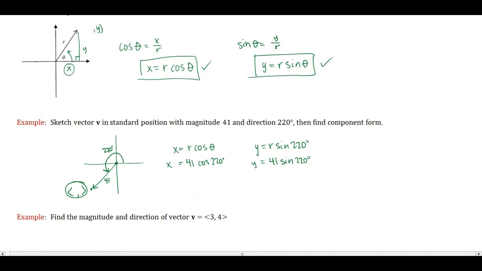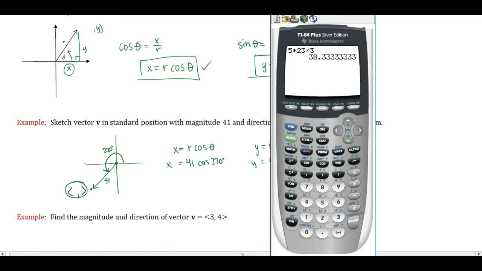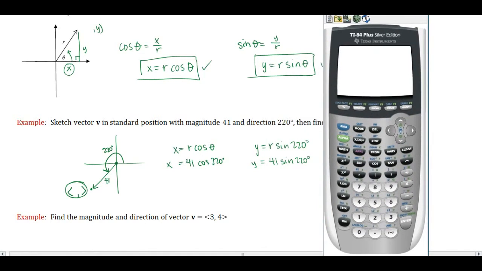And then I will be able to give you the component form of both of those. So I should probably check my mode. I am good, I'm in degrees. So 41 cosine 220 and 41 sine 220, and I get negative 31.4 comma negative 26.35.